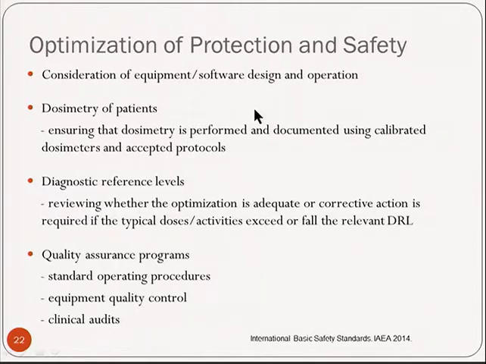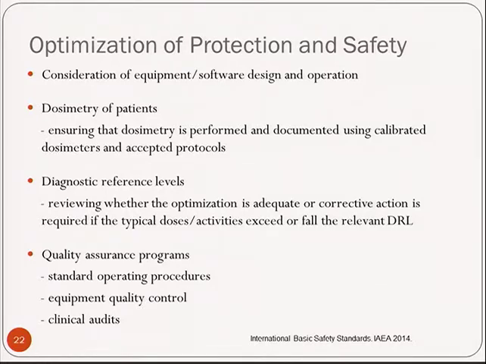For justification, the radiologist has the main role, and they are eager to provide education material and guidelines to other physicians. Second, optimization of protection and safety is more important for medical physicists and radiographers.